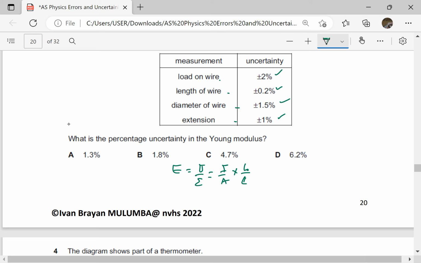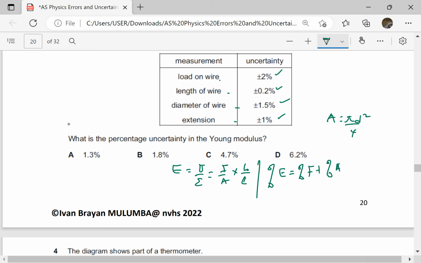So it means the percentage uncertainty in Young modulus is going to be the percentage in F plus the percentage in area. No, area is equal to pi d squared over 4.